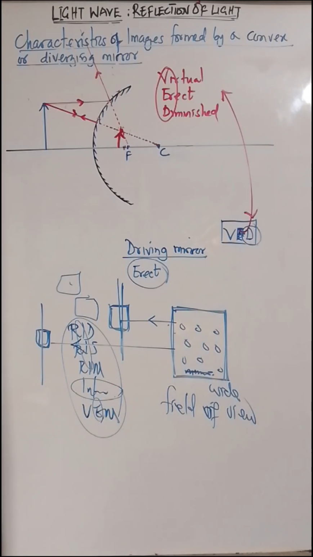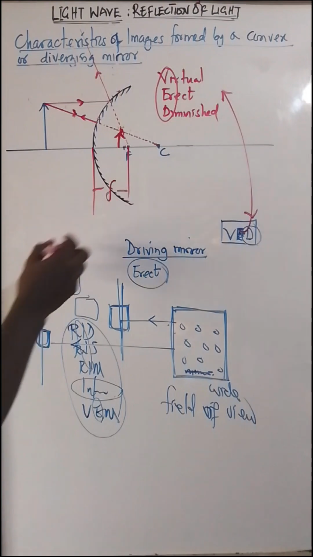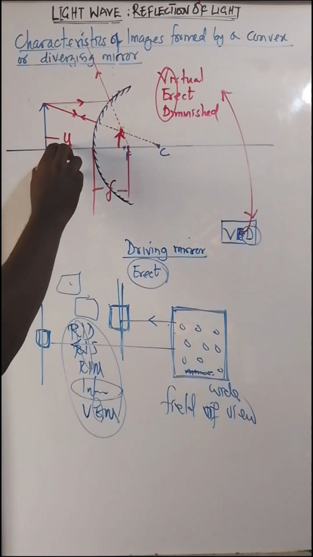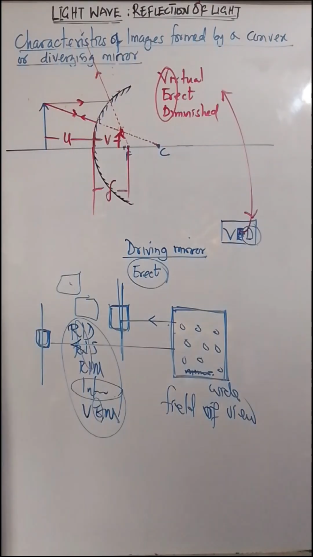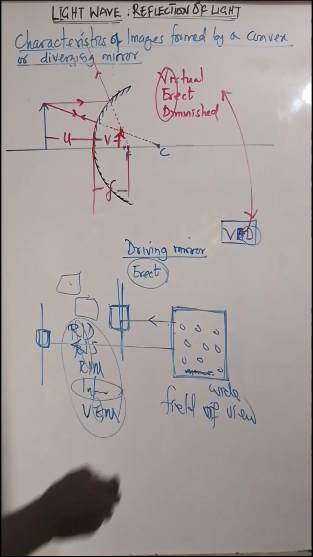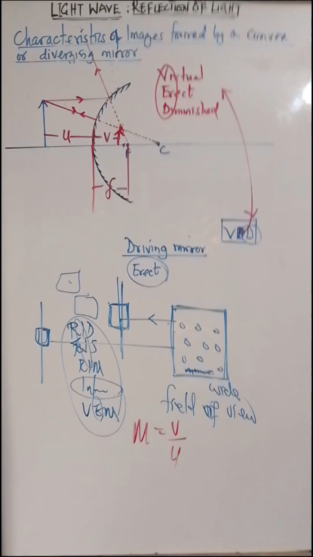Now let's move to the mirror formula, where we are going to give the connection between the focal length f, the object distance u, and the image distance v, and we connect it to magnification, which is v over u.